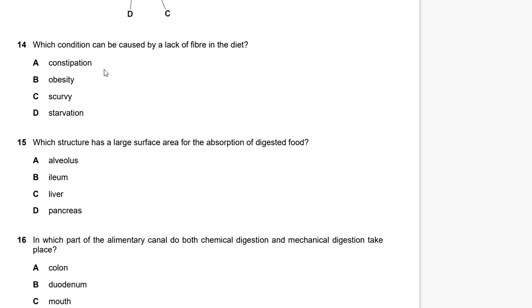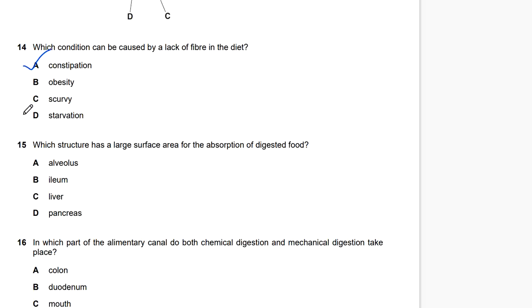So the correct answer is letter A. Constipation, not obesity, not even scurvy. Scurvy is for the lack of vitamin C. Starvation, not also, because you can still be full even if you don't eat other food aside from the fiber.